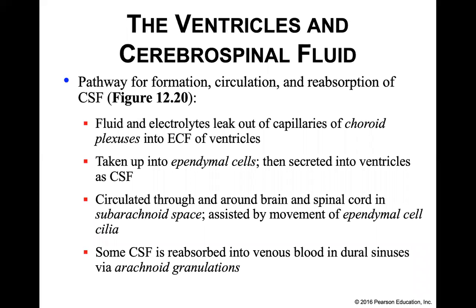Remember, the epidermal cells essentially act as your blood-brain barrier here. CSF is circulated through and around the brain and spinal cord in the subarachnoid space, assisted by movement of the epidermal cell cilia. Some CSF is reabsorbed into the venous blood in the dural sinuses via the arachnoid granulations.